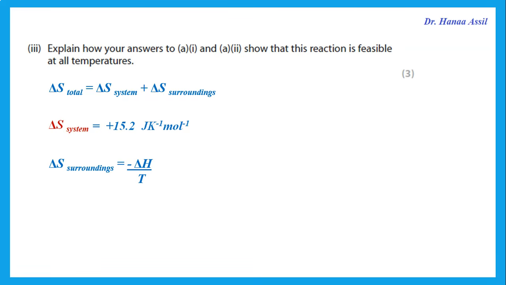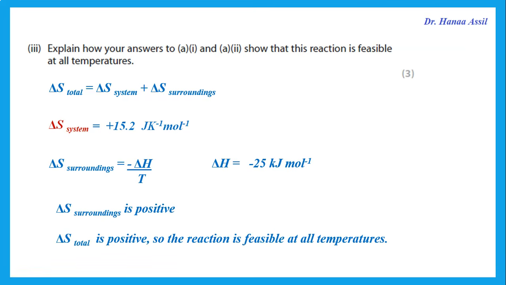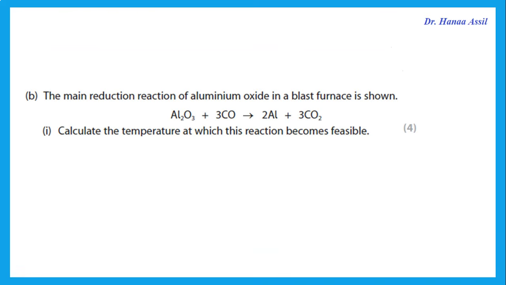And you should know that the delta S of the surroundings is minus delta H over T. We have the delta H, which is a negative value. So if the delta H is a negative value, then the delta S of the surroundings is positive, and that means the delta S total is positive, and that means the reaction is feasible at all temperatures.